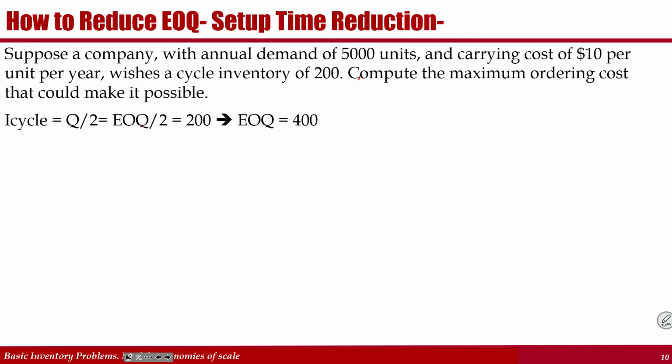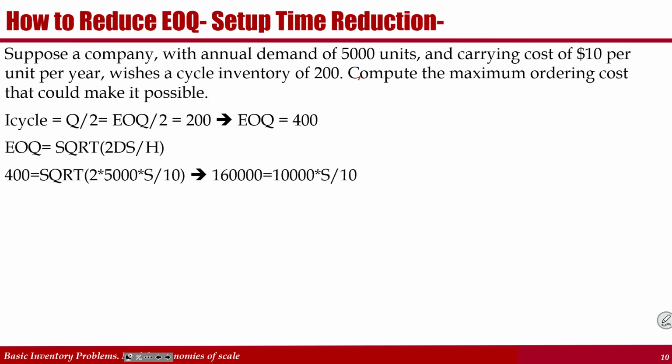That is the EOQ formula, and we want it to be equal to 400. We put everything over there. The only thing that we need to play with is S. And then if we solve this equation, we realize that in this system, if we have these parameters, we need to reduce our setup cost to $160.